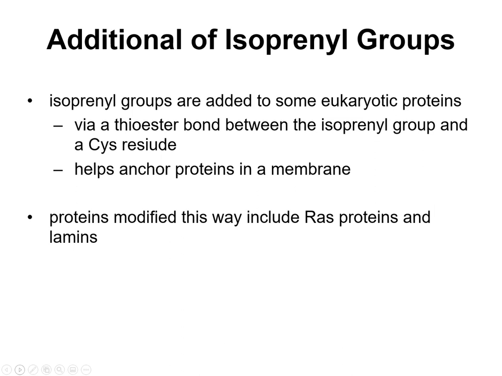You can also have the addition of isoprenyl groups. So farnesylation and geranylation are just two examples. Those get added to cysteine residues near the C-terminus. This helps anchor proteins to the membrane, so it's really important. There are proteins like the RAS proteins and lamins, nuclear lamins, that must be localized to their specific membranes in order to be functional.